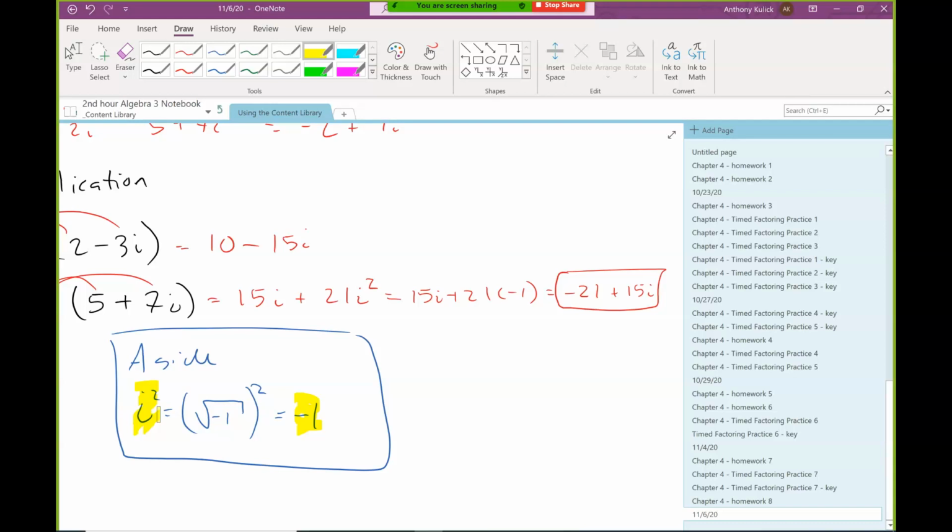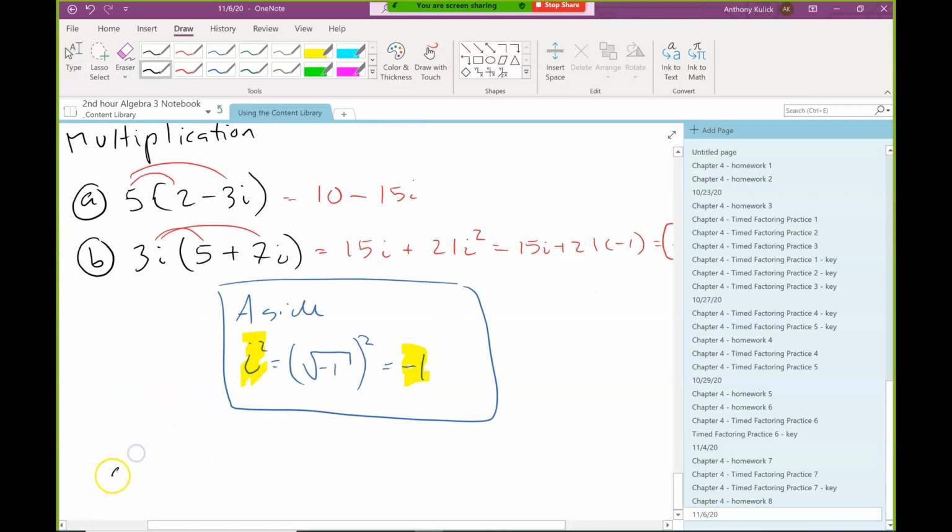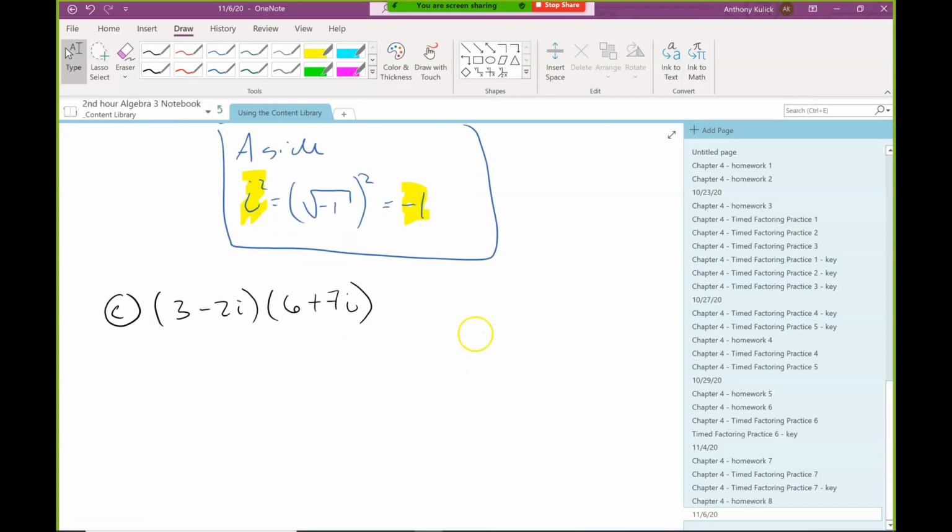What if we have 3 minus 2i times 6 plus 7i? What do you suppose we should do for this? Yeah, we're just going to FOIL it. So 3 times 6 is 18. 3 times 7i is 21i. -2i times 6 is -12i. And -2i times 7i is -14i squared.